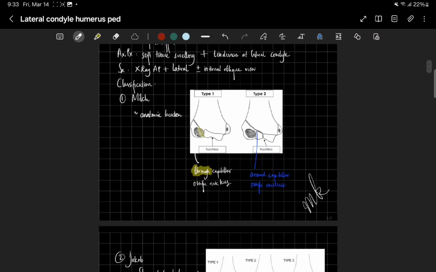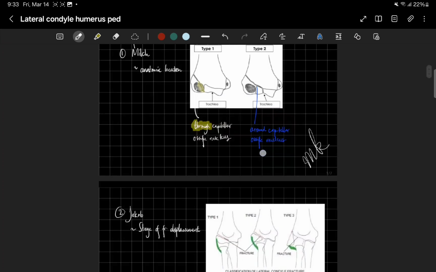For the anatomical location, Milch is divided into two, whether the fracture is crossing through the capitular ossification nucleus or not. If the fracture is going through the ossification nucleus, it is considered type 1. Meanwhile, if it is around the capitular ossification nucleus, it's considered type 2 Milch classification.